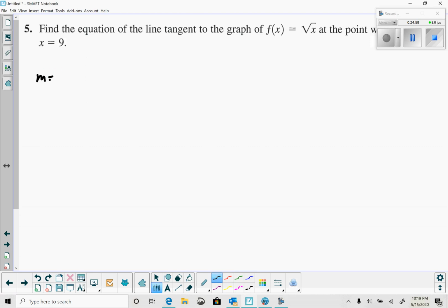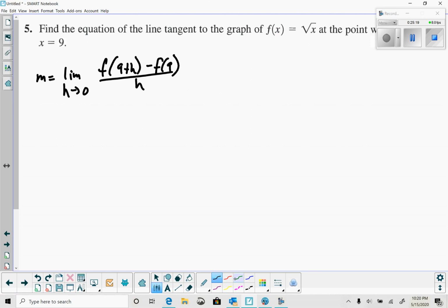Again, my preference, the slope has to be the limit as h approaches 0, just like I've done before, of f of 9 plus h minus f of 9 divided by h.